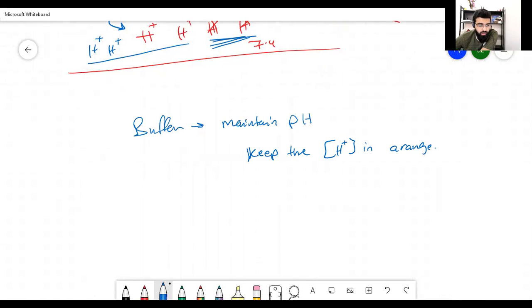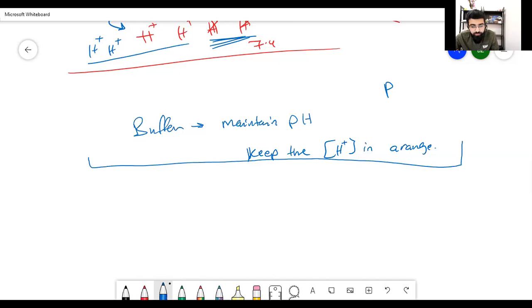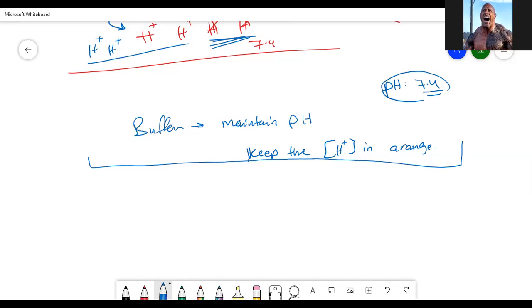Why? Because, for example, we just said there are enzymes and proteins that work in the blood under this pH, 7.4. If the pH changed, that affects the work of enzymes. And inshallah, when we study enzyme structure, you will find that changing the pH damages the enzymes. You understand?